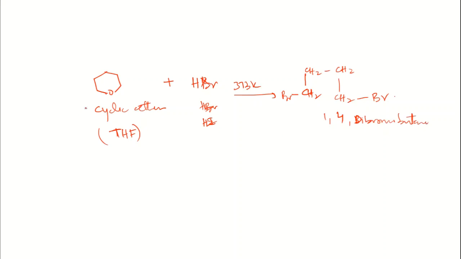So this is the case of cyclic ethers. Their reaction with hydrogen halides, also called halogen acids, at a particular temperature results in the opening of the ring to give dihaloalkanes, as we have seen in this example.